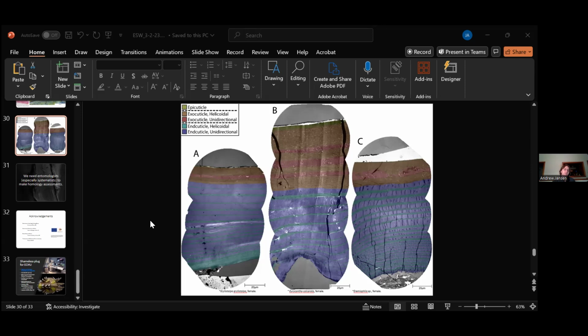But from the other side, on the mechanical side, these are what are called asymmetric laminates, meaning they're not balanced in any way. So there's one zone that's really stiff, and then one zone below that that's more flexible.